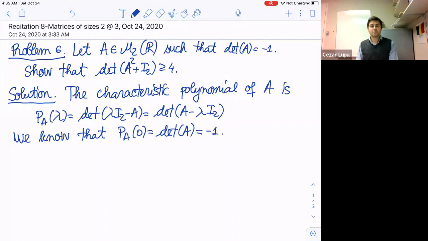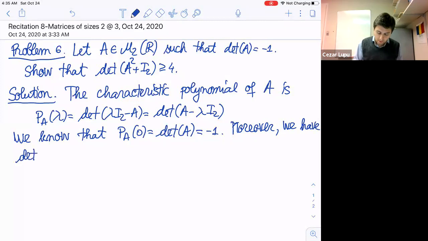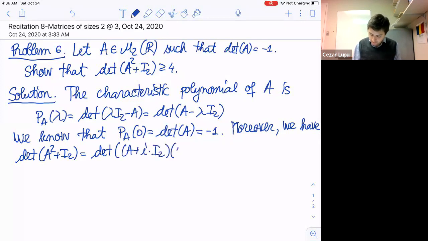Now we would like to express the quantity, the determinant of A squared plus the identity. Moreover, we can decompose it in the following way: it's the determinant of (A plus I times the identity) times (A minus I times the identity).